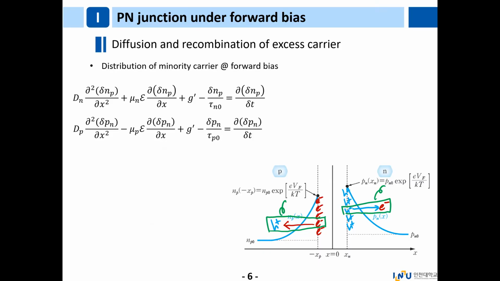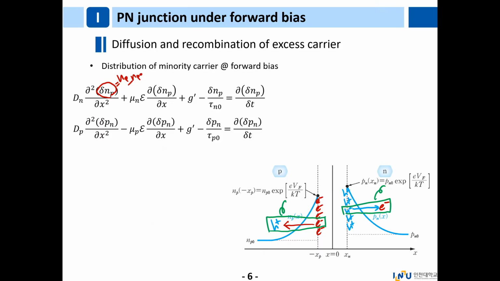These are the excess minority carrier concentrations, delta np and delta pn, and they represent the difference between the total minority carrier concentration and the thermal equilibrium minority carrier concentration, which means delta np is equal to np minus np0.